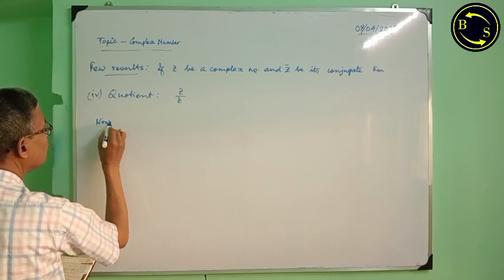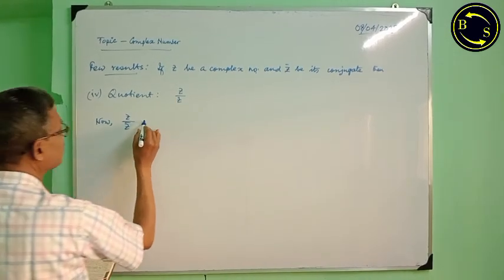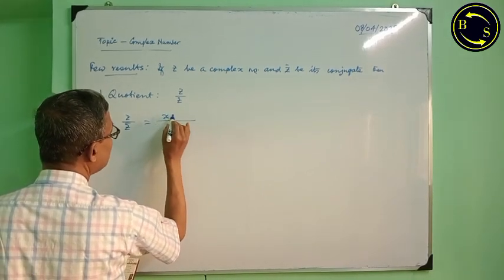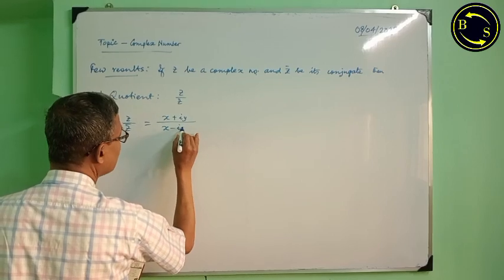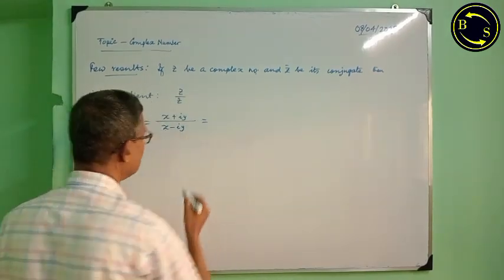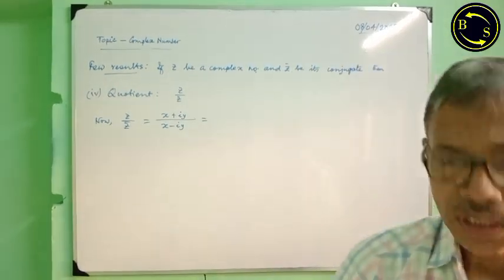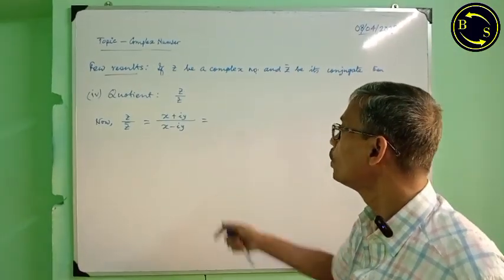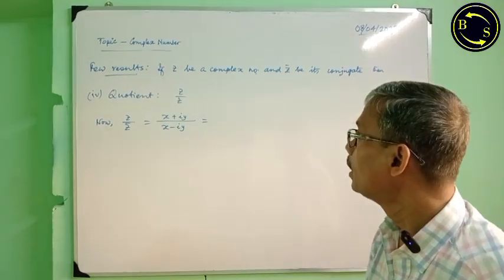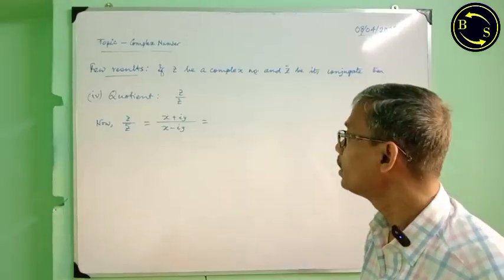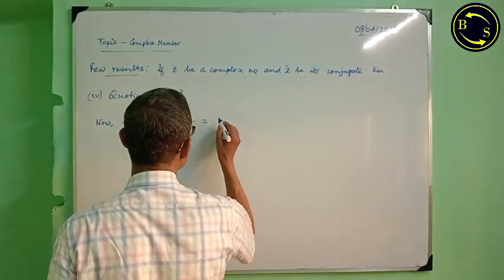Now z by z complement, that means x plus iy over x minus iy. At the denominator there is x minus iy. To remove the complexity, we multiply both numerator and denominator by x plus iy.